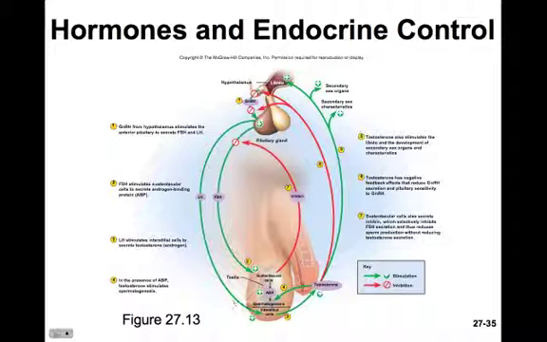LH goes to the interstitial cells and promotes the production of testosterone. Testosterone will then feed back to the hypothalamus, and it will cause secondary sex characteristic development and development of the secondary sex organs.